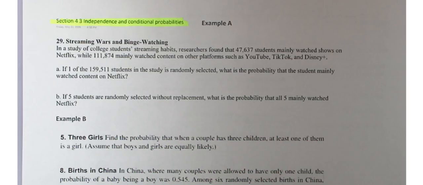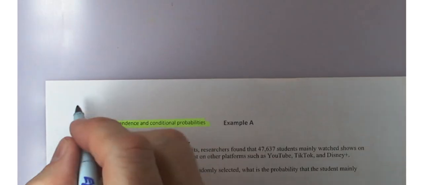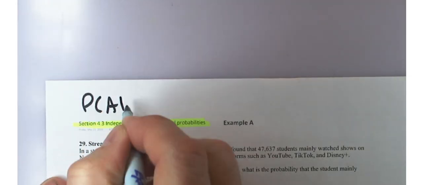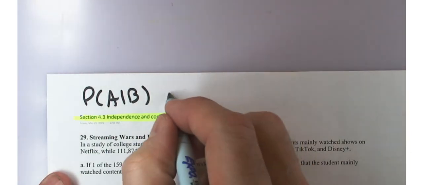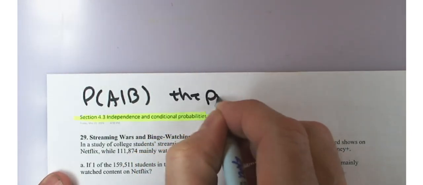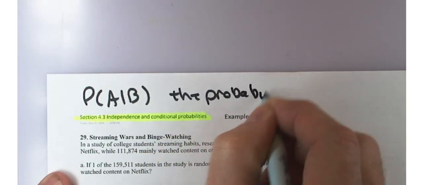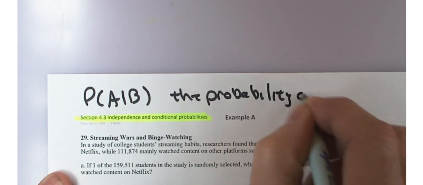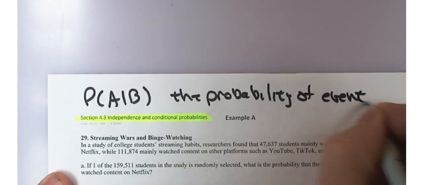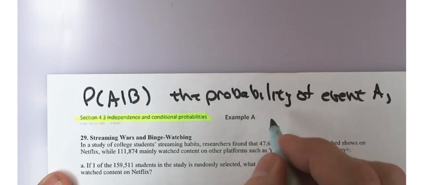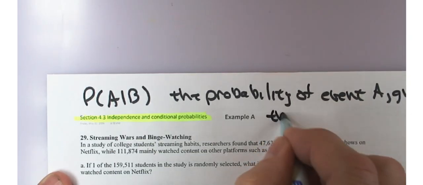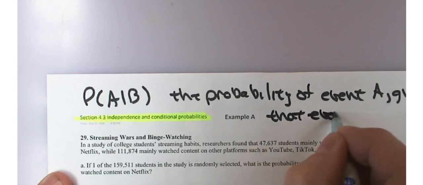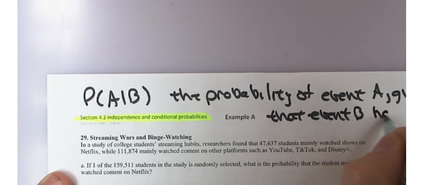So let me introduce you to some notation. P of A given B. So this is the probability of event A given that event B has occurred.